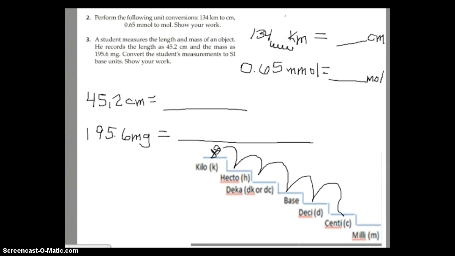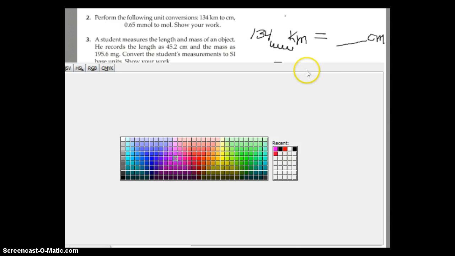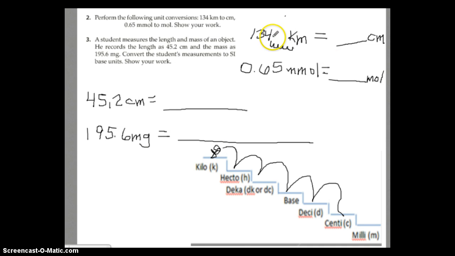Well, if nothing goes there, then you fill it in simply with a 0. So 1, 2, 3, 4, 5 zeros. If we write it a little bit more neatly over here, and we have our 5 zeros, and then you can add in your commas, and you can see our answer is 13,400,000 centimeters.